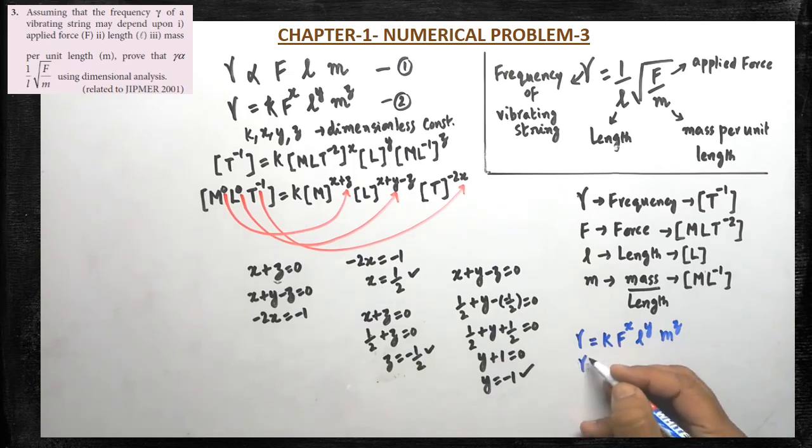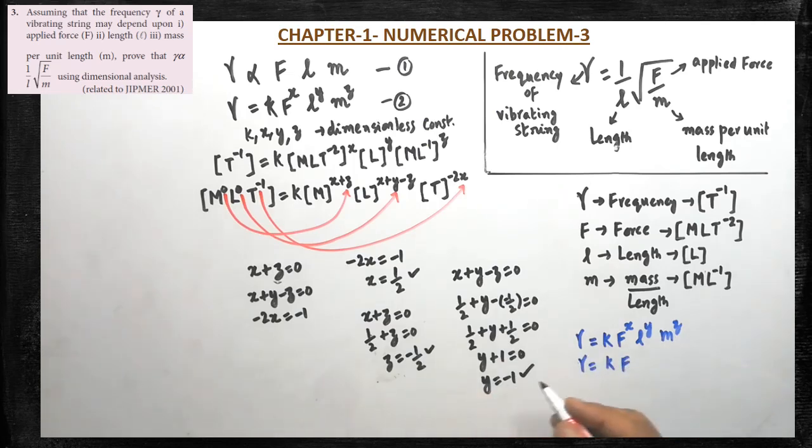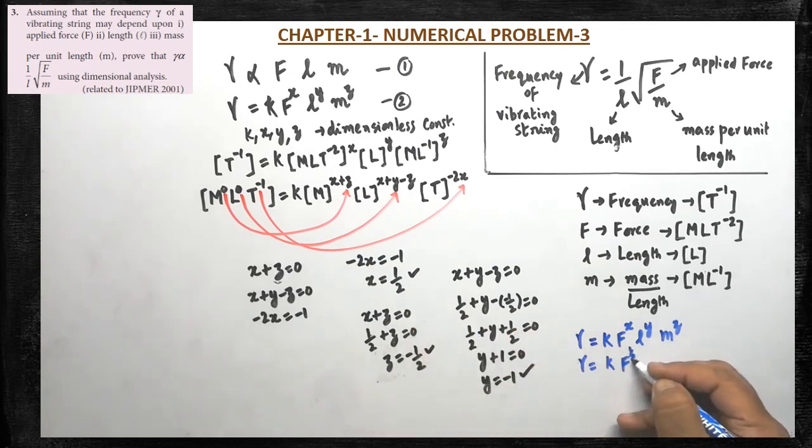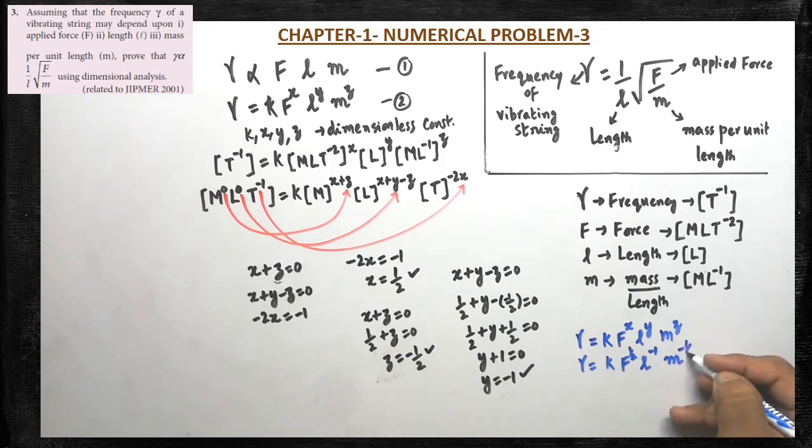Substitute mu is equal to k. Instead of x, half can be written. Instead of l, minus 1 can be written. Instead of m, minus half can be written. Are you clear?